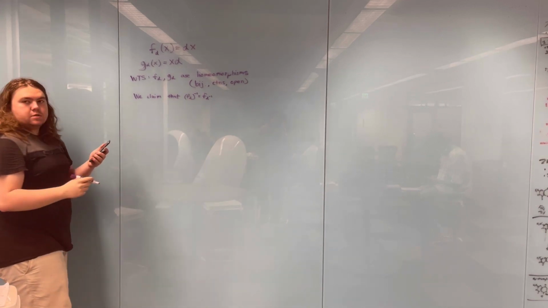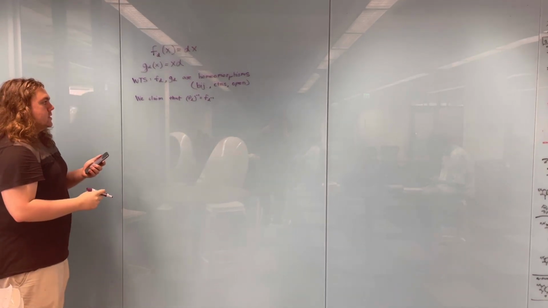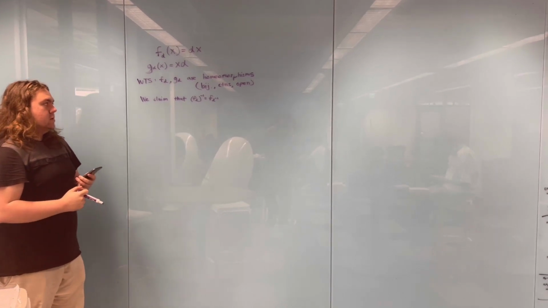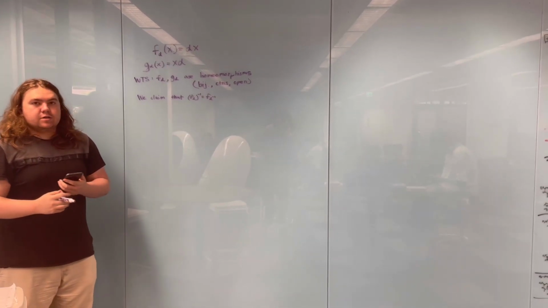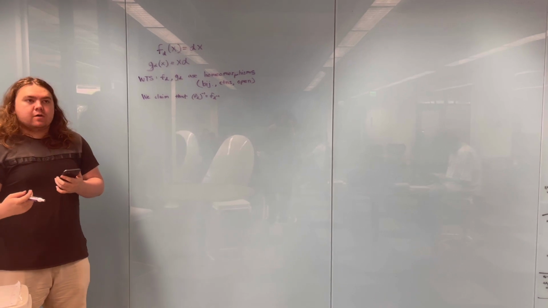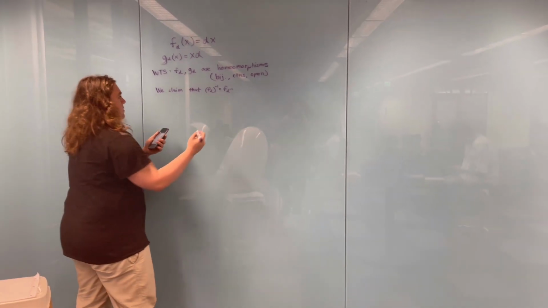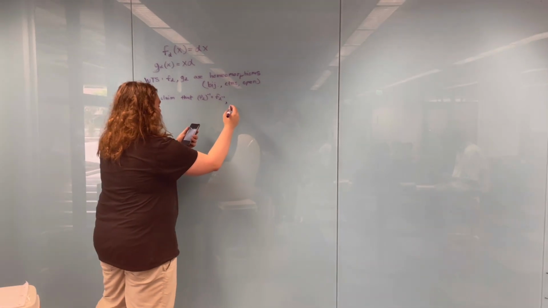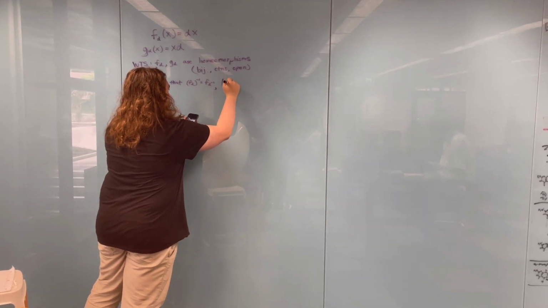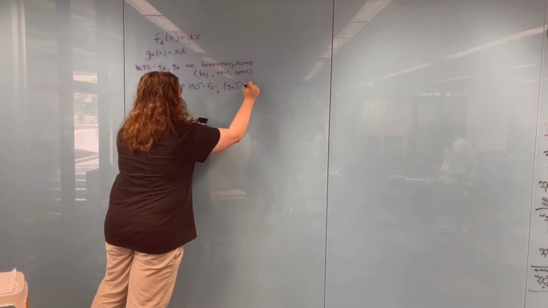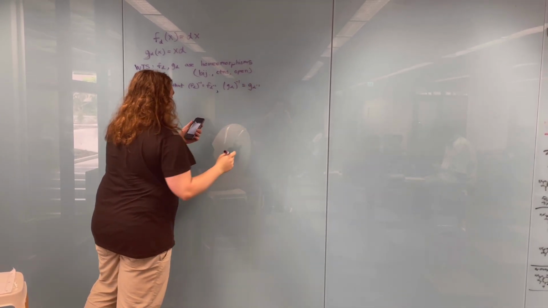So first things first, we claim that the inverse of the f alpha function is simply the f alpha function applied with the inverse of alpha. And similarly, we define the same thing for g, with alpha negative 1.